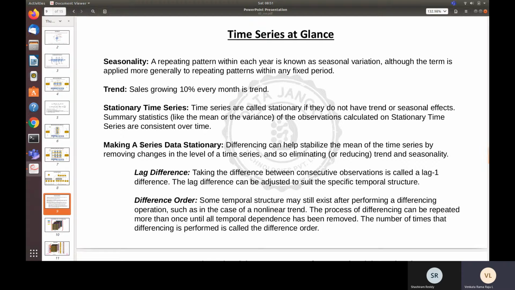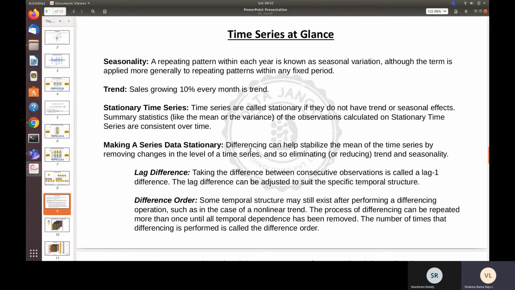So how to make time series data stationary? Differencing can help stabilize the mean of the time series by removing changes in the level of the time series, and so eliminating the trend and seasonality.